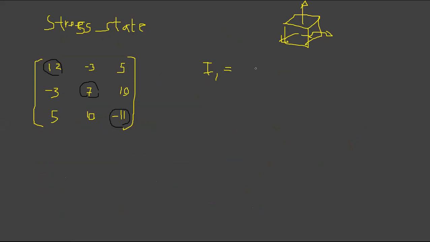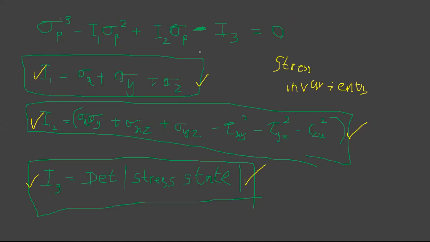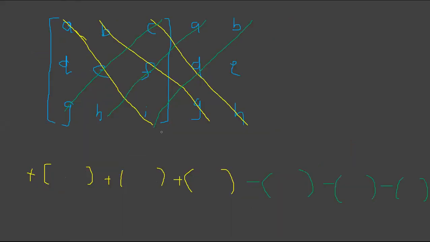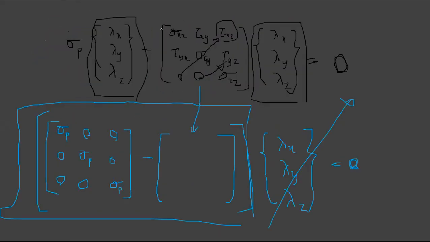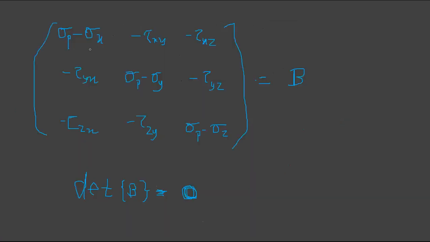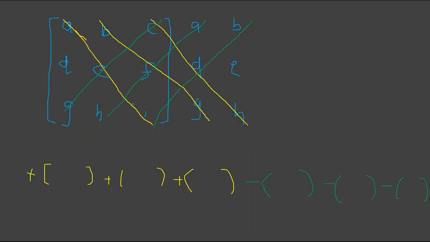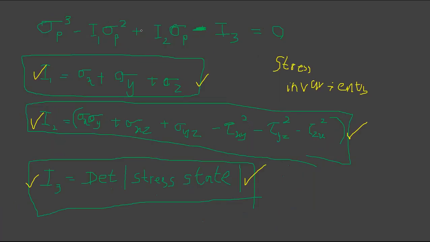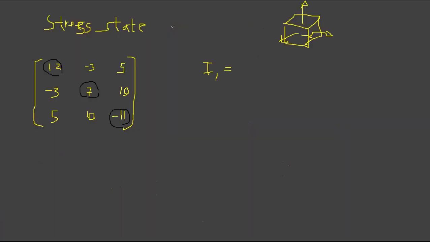So we need to solve this equation in order to find the principal stress, right? Where did we get the equation? From the matrix algebra. In order to find the solution, determinant should be 0. When I set the determinant to 0, it gives you this equation, so I1, I2, I3 are the stress invariants. We have to find those, then plug into the equation and solve it.